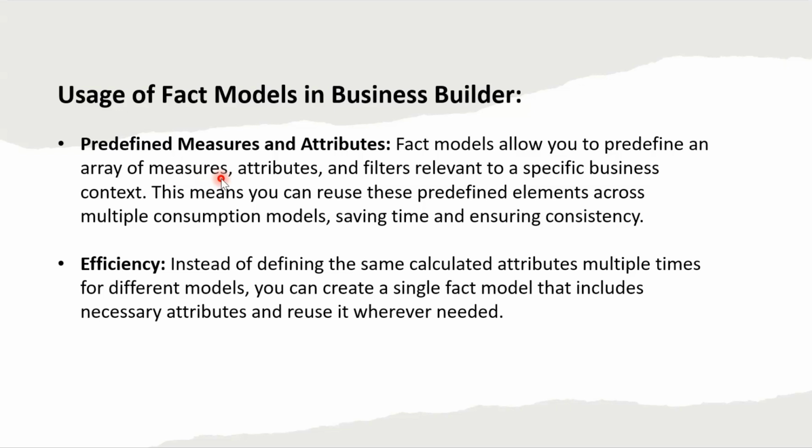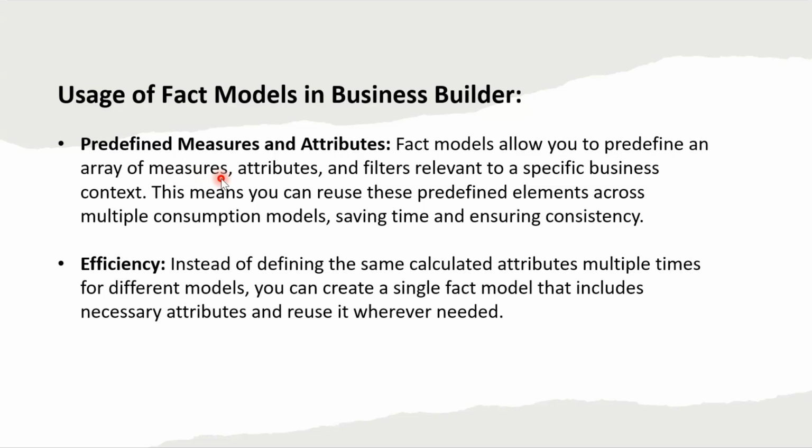You are using measures, calculated measures, attributes, filters and so many things which you don't want to build for each report. So for example, using one fact model which has a lot of data, on top of it you will build multiple reports, report 1, 2, 3, 4. If you build the report directly on your fact model, then it has a lot of data.